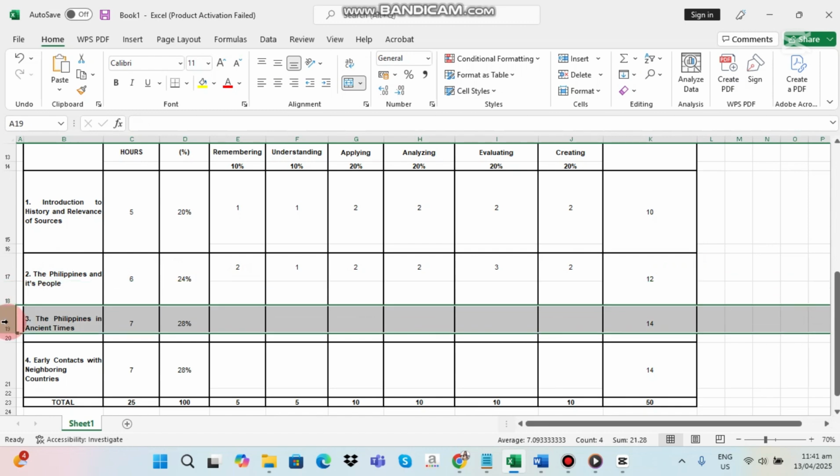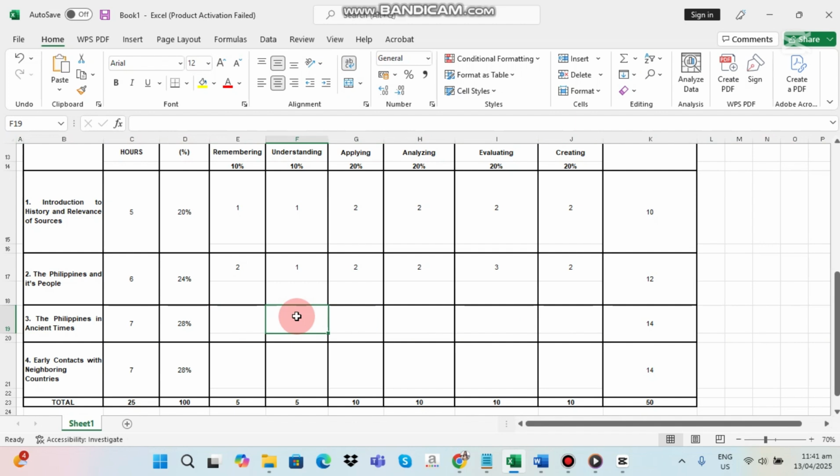For this topic, it must have 14 items in this row. For example, for remembering, we have one item only, and then two, and then three, and then three again, and then let's say we have two for evaluating, and three for creating.